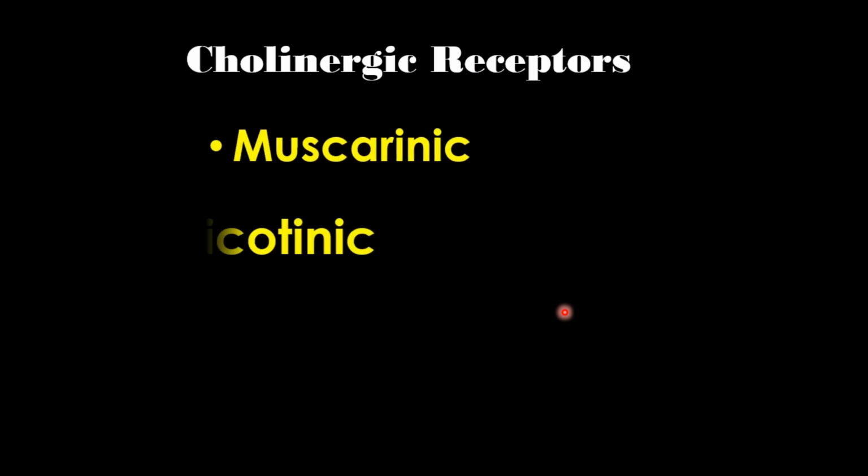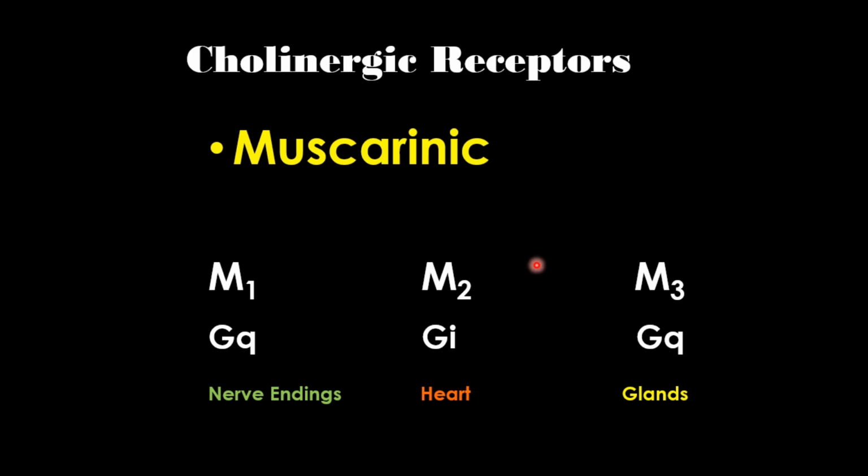Again, two families: the muscarinic receptors and the nicotinic receptors. Muscarinic receptors are again subdivided into three: M1, M2 and M3. And all these three receptor families, M1, 2 and 3, are G protein coupled receptors, that is, serpentine type of receptor.